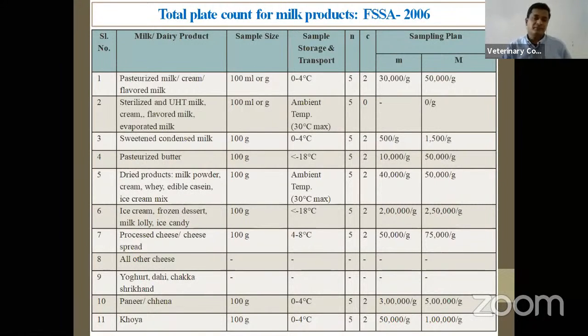They have specified certain sampling systems. We call them a two-class sampling plan or three-class sampling plan. The three-class sampling plan is applied to the contaminants or the spoilage organisms or the saprophytes, as we said. And the two-class sampling plan, or yes-no type of sampling plan, is applied to the pathogens that, given the chance, would lead to disease.